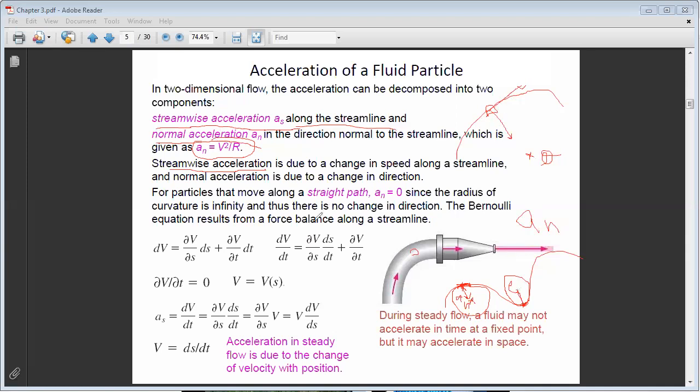If you remember in dynamics, you have a_t and a_n. a_n is due to change in direction, so I cannot change direction without having a normal acceleration, while a_t is for change in speed, because a_t, by definition, the tangential acceleration, is dv by dt.